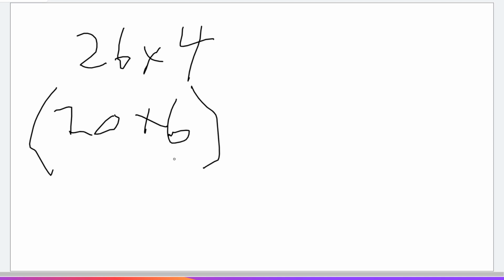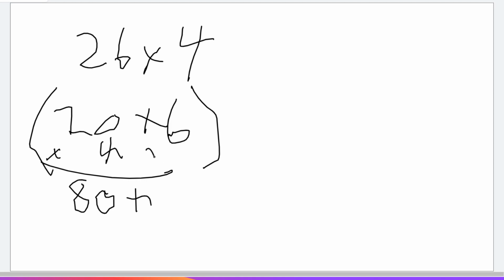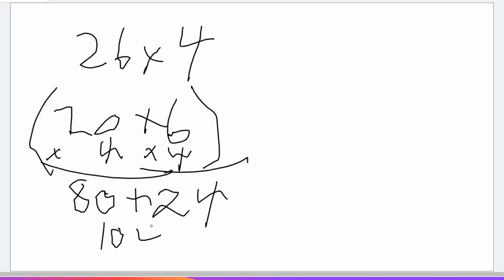And then we're going to multiply each of those numbers times 4. So 20 times 4 is, well, 2 times 4 is 8, so 20 times 4 must be 80. And then 4 times 6 must be 24. So now we have 80 plus 24. We just add those numbers up and we get 104.